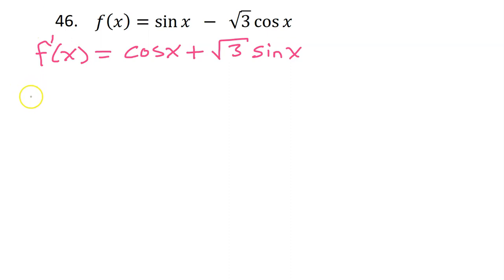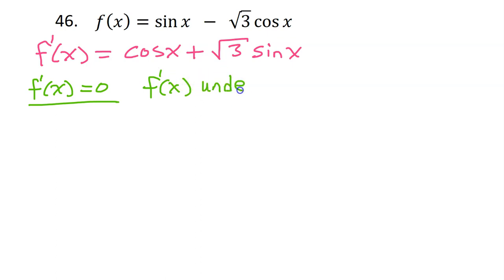Now we need to find the critical numbers that will make f prime equal 0 or make f prime undefined. But there are no values of x that will cause cosine or sine to be undefined. So we don't actually have to worry about this option.